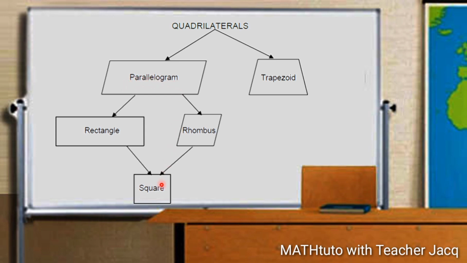The square is also a rectangle because it has two sets of parallel sides and four right angles. All squares are rectangles, but not all rectangles are squares. All rectangles are parallelograms, but not all parallelograms are rectangles.